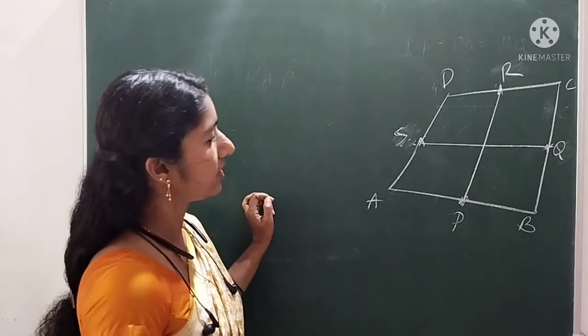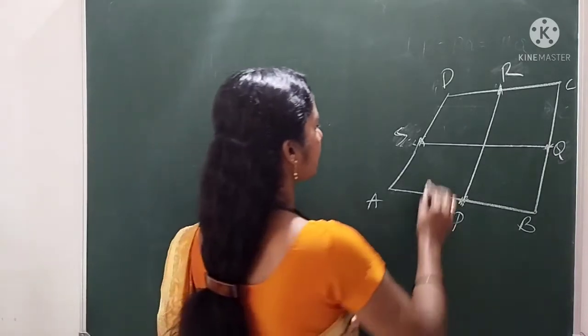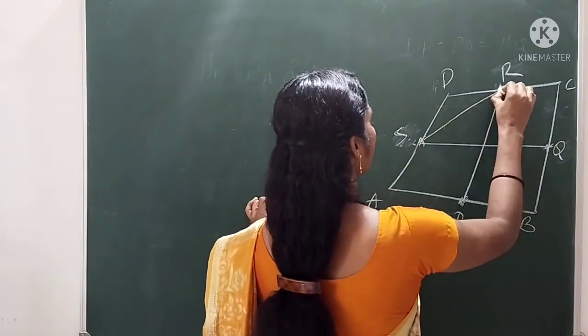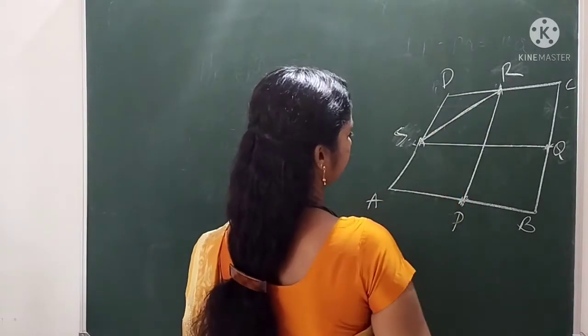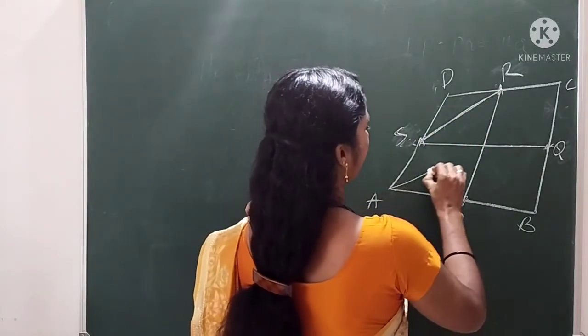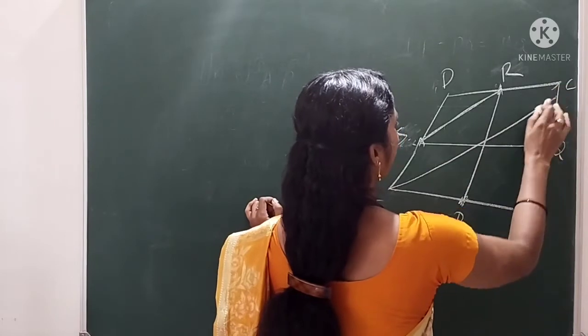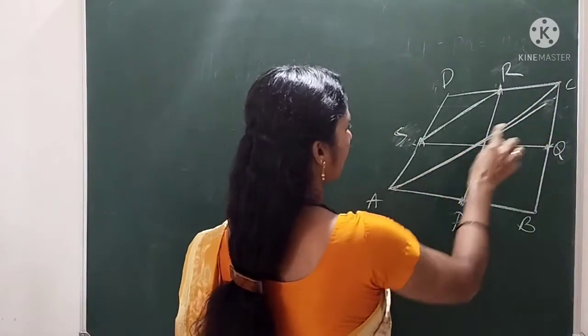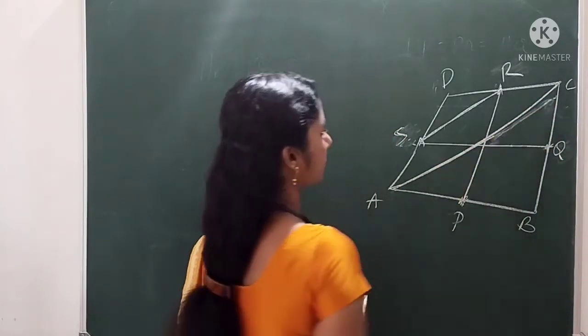We need to prove that. So for that we are doing like this, just joining these two midpoints. Just draw this diagonal also.